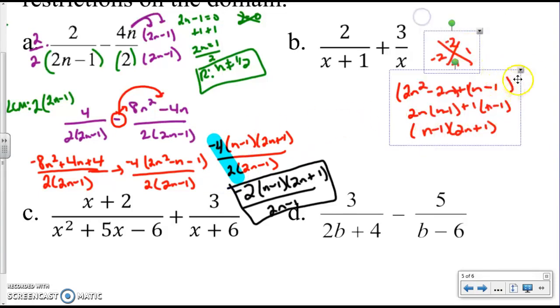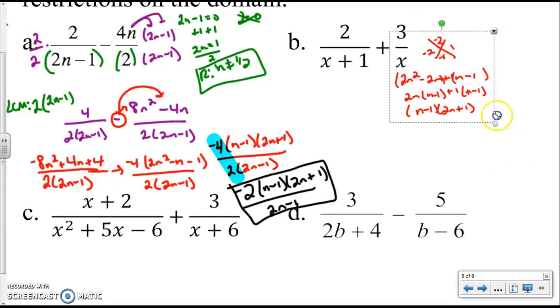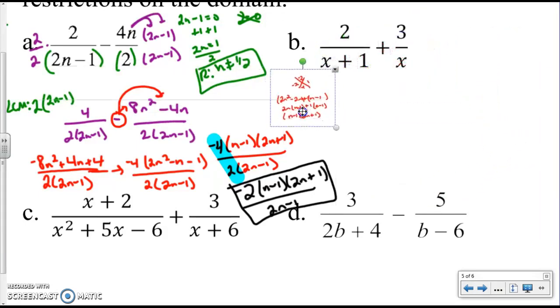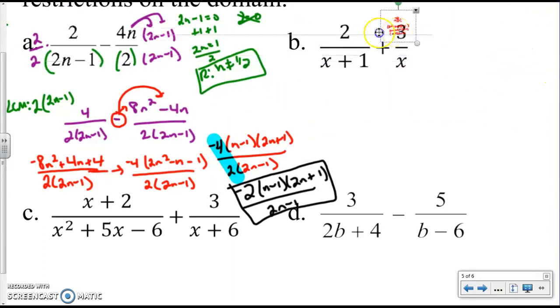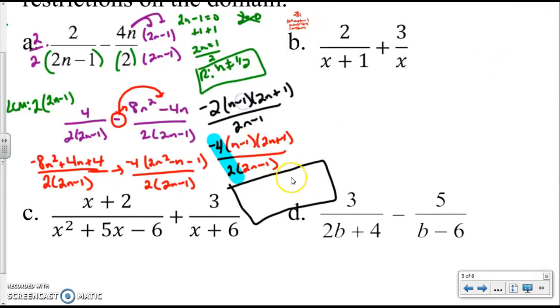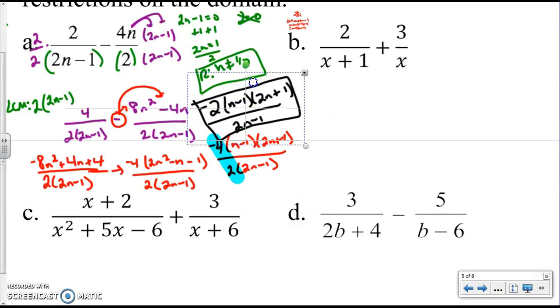Here's my factoring. Okay, so here's my final answer there and my restrictions.